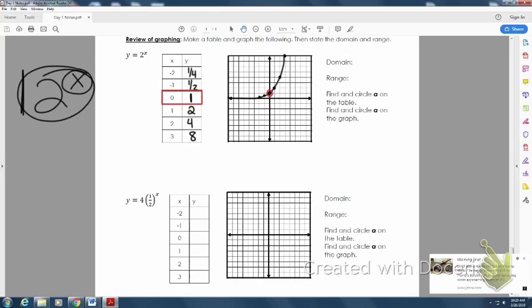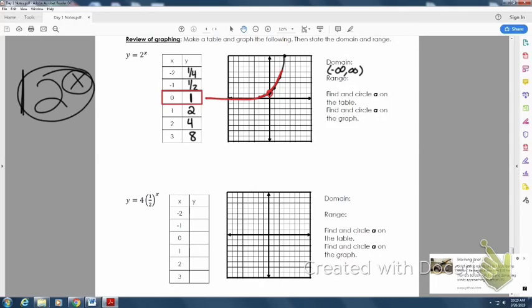So if you're looking at a domain, whether it's growth or decay, that's what you're looking at, negative to positive infinity. Now on the range, if you look at the graph, if you kind of follow the red line up here, it goes down and it starts to flatten. And it's going to look like it stays flat forever right there. That means that it is getting closer and closer to a what? 0.